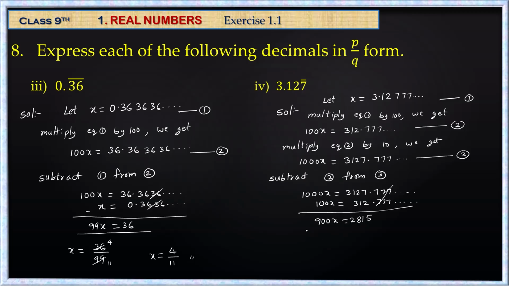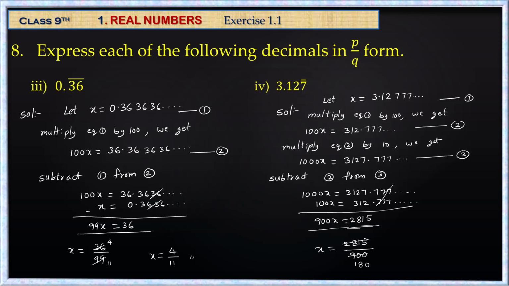Now x is equal to 2815 by 900. We can cancel both the numbers in the 5 table. 5 1s are 5, 4 is the remainder, it becomes 40, 5 8s are 40, 5 0s are 0.